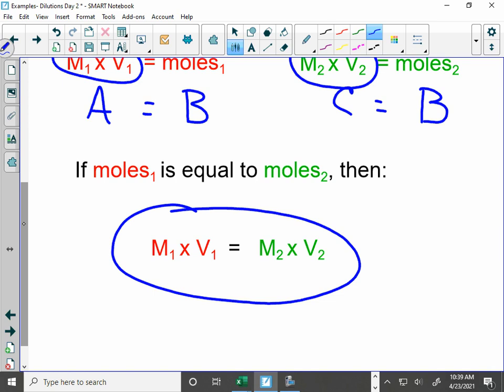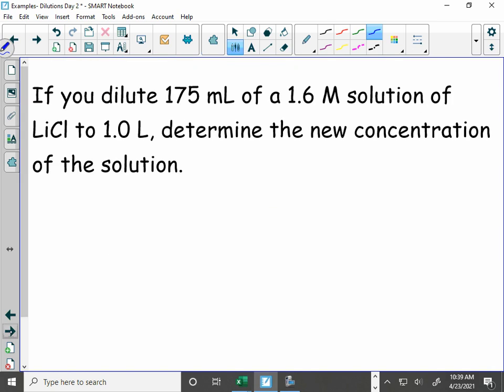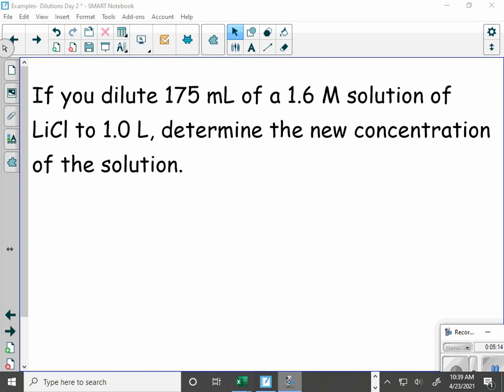Now, here is the very first example. I'll give you a second to copy it down, and then we will talk about it. The problem states that if you dilute a 175 milliliter solution of 1.6 molar lithium chloride, so I have 175 milliliters of a 1.6 molar solution, and I diluted it to 1 liter, determine the new concentration of the solution.